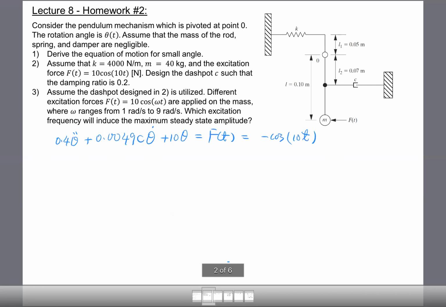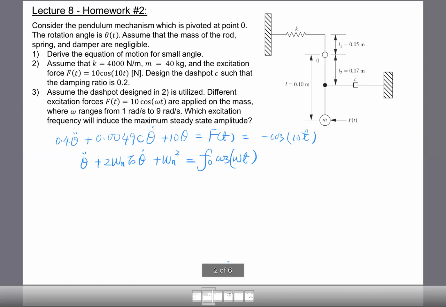The standard format is theta double dot plus 2 omega n zeta theta single dot plus omega n squared theta equals F naught cosine omega t. So we want to convert the first equation back to the standard equation so we can apply all the transfer functions we learned during class.